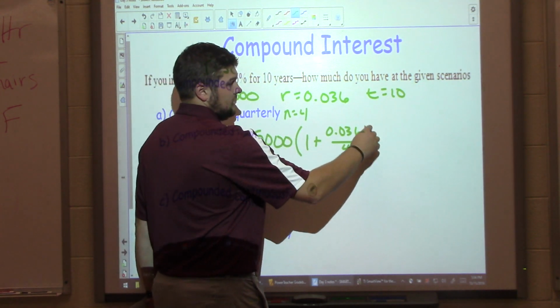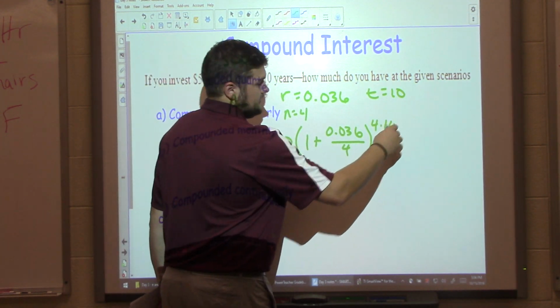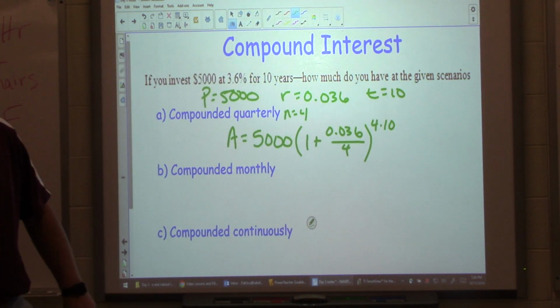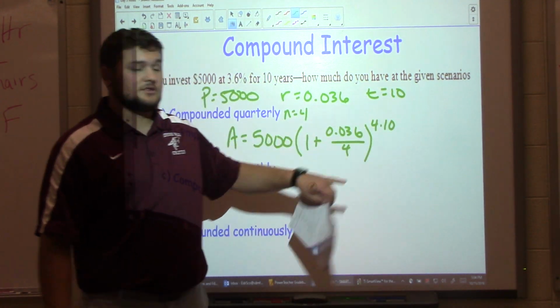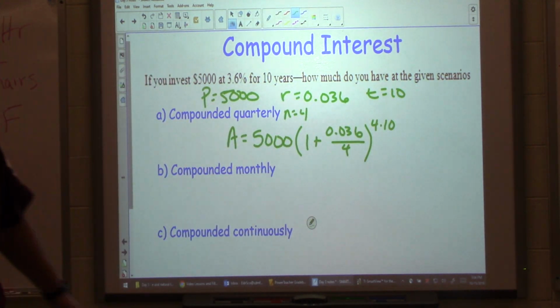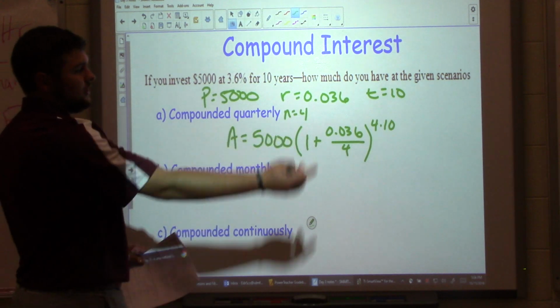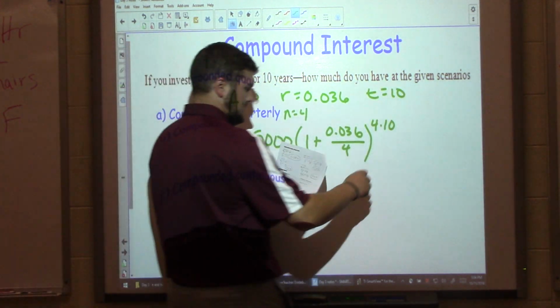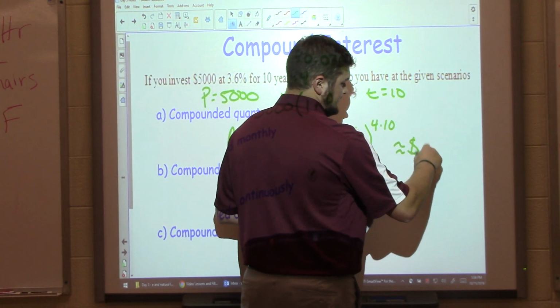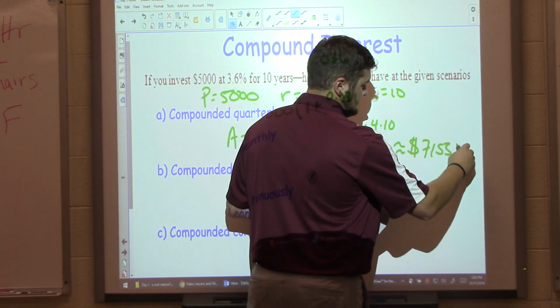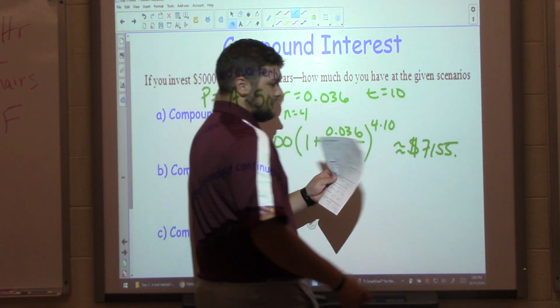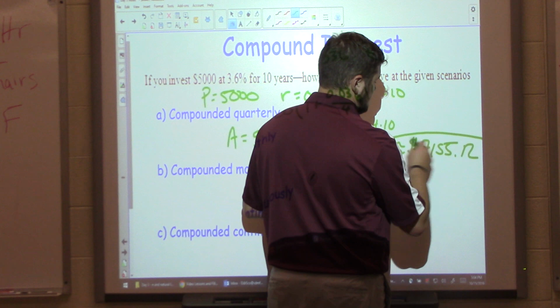So over 4 to the n times t power. So 4 times 10 power. And you just punch that whole thing in your calculator. We should get approximately $7,155.12.